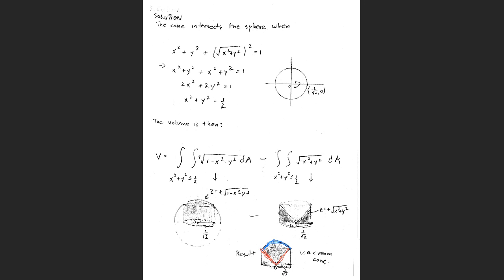But now we have a surface on top and a surface on the bottom, neither of which is the XY plane. The surface on top is part of what surface? The surface on top comes from what? The sphere or the cone?